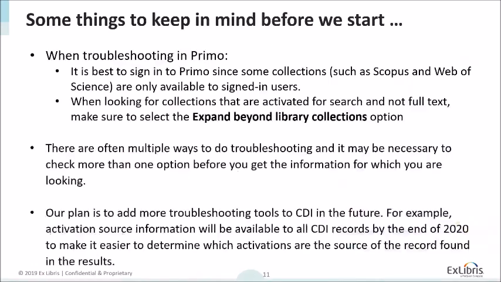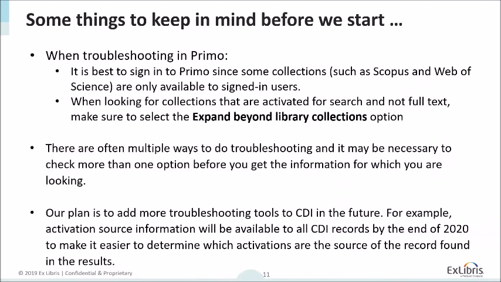Before we start and look at these different questions, some things to keep in mind. So first of all, when you're troubleshooting in Primo, we recommend to sign into Primo because some of the collections are available only to sign-in users. This is in case the search rights are a subscription.